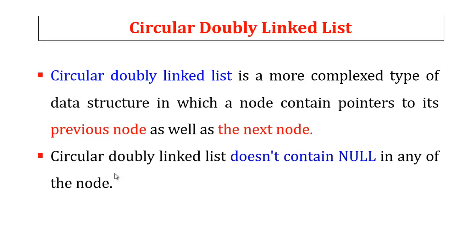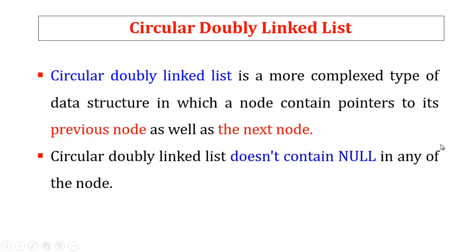The first field is the previous node pointer and the last field is the next node pointer. The next pointer of the last node points to the first node address, the initial node address, which is called the head pointer, and the first node's previous pointer points to the last node address. With this pointing we avoid the null pointer, so a circular doubly linked list does not contain null in any node.